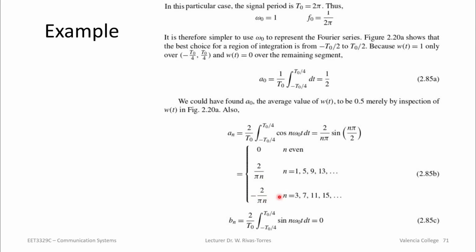For n starting at 1 and every fourth number, it's 2 over pi n. And then for every fourth harmonic starting at 3, it's minus 2 over pi n. And all the b's came out to be 0. Okay.